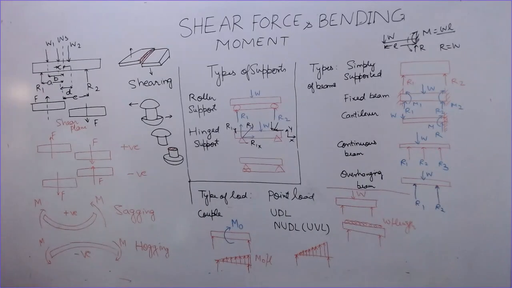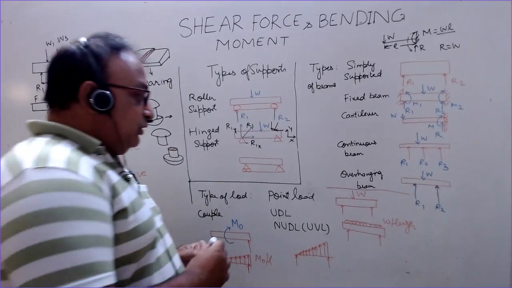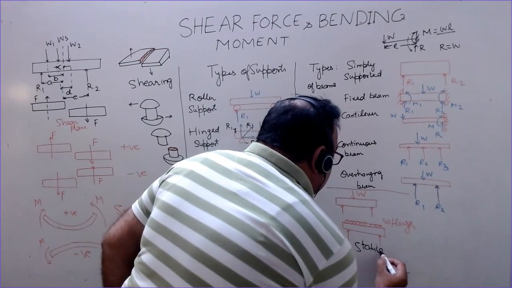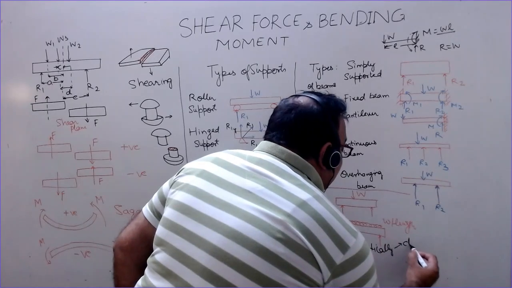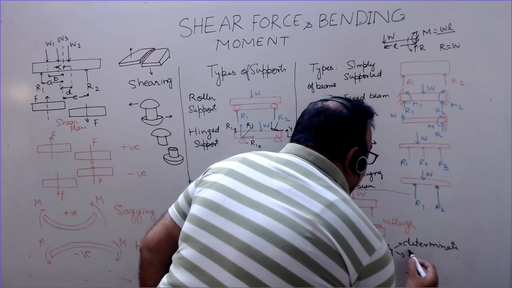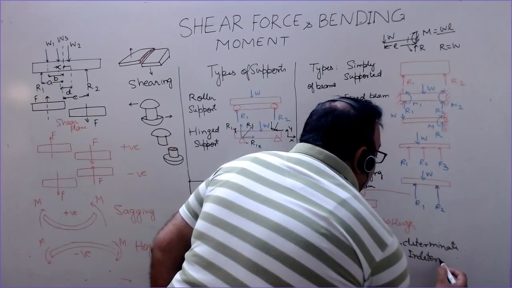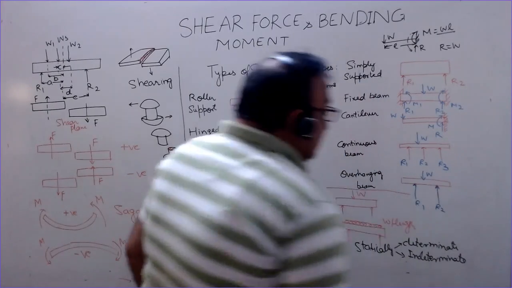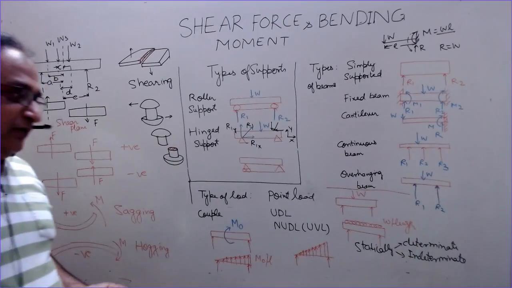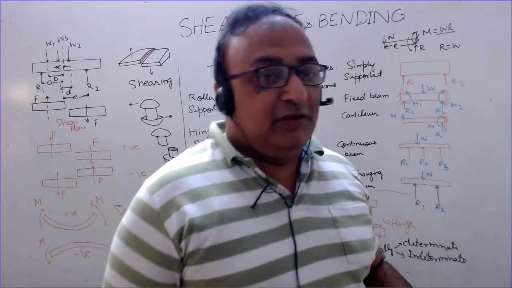Apart from this, we have statically determinate and statically indeterminate types of beams. A statically determinate beam means the problem can be solved using the simple concepts of statics, that is, the net forces acting on the beam are in equilibrium.